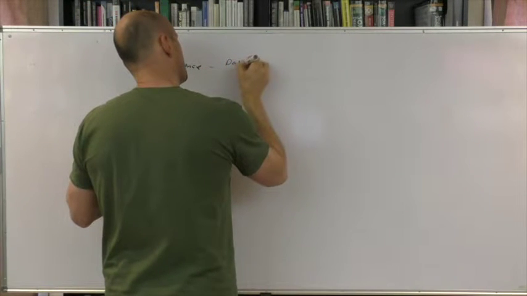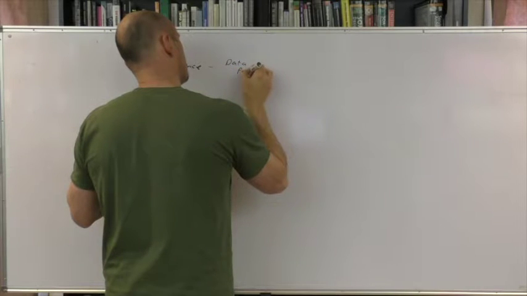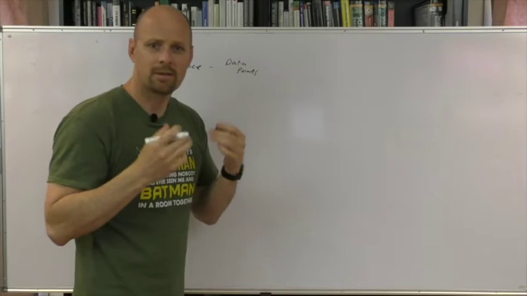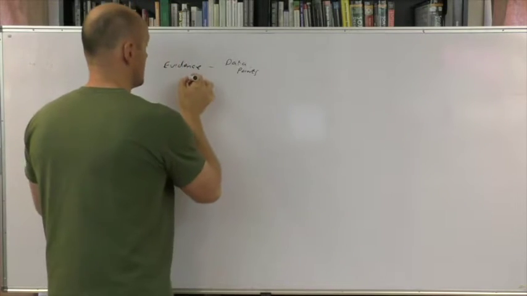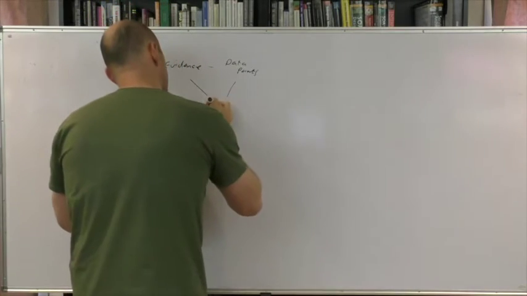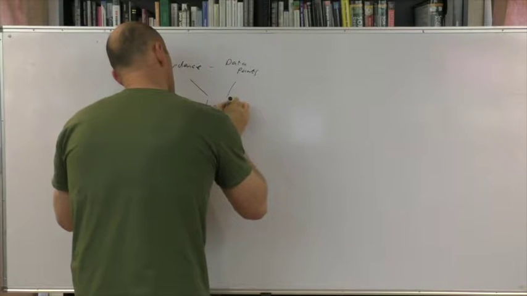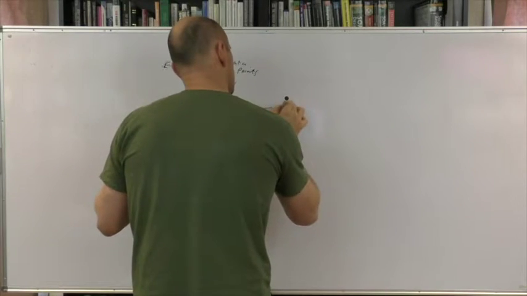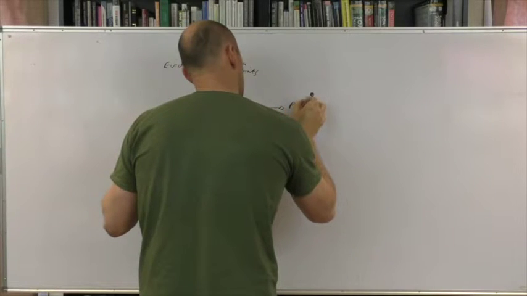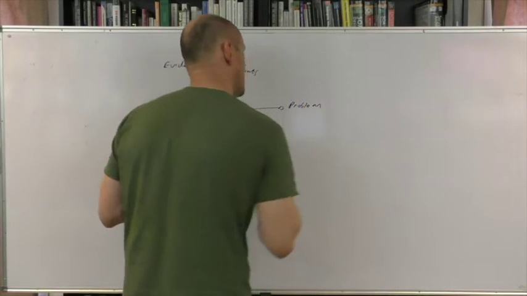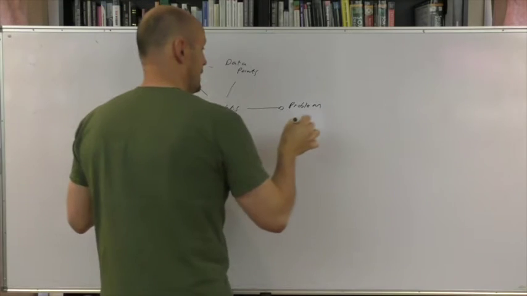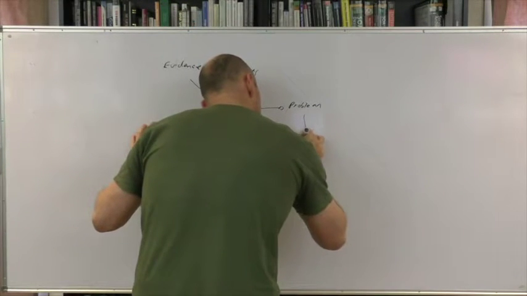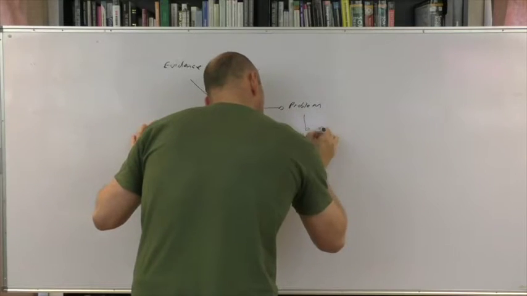We're going to elaborate a little more on each of these. From the evidence and data points, we pull out what we refer to as insights. And these insights help us describe or identify what we think the problem might actually look like. Then off the back of that, we use the problem to create a how might we question.